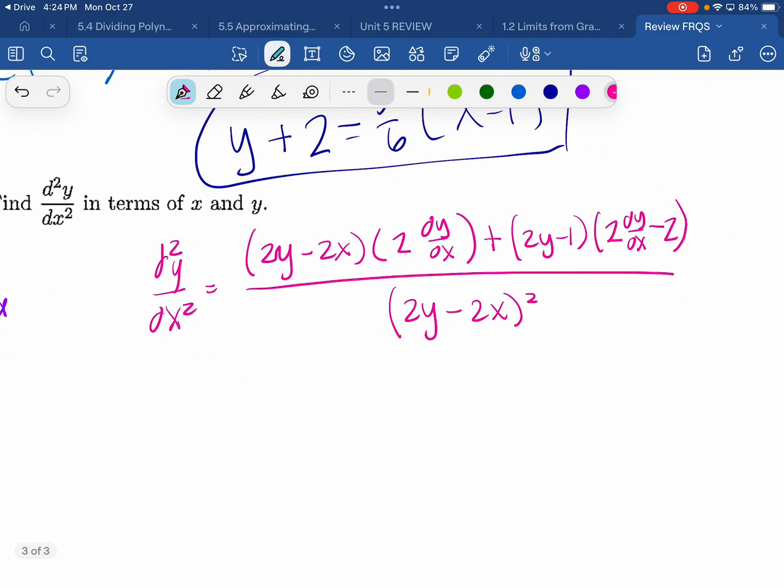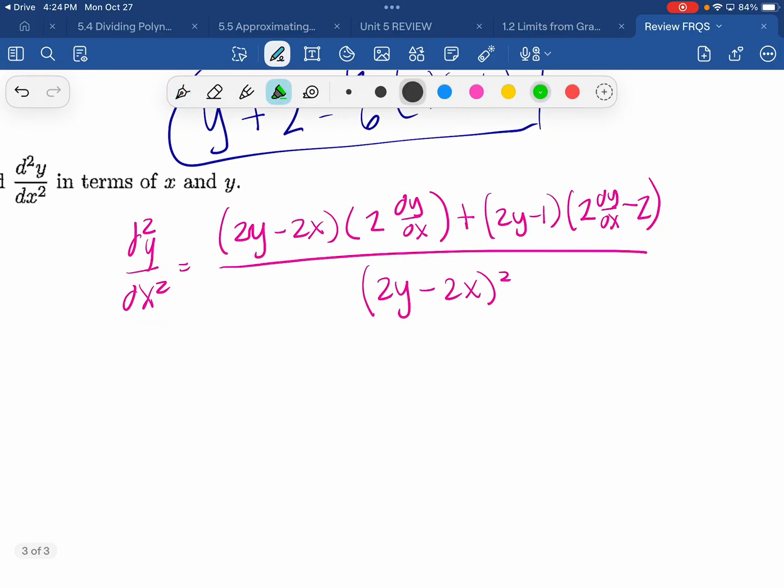You do not have to simplify, but you do need to substitute in your dy/dx's. So you could write this as a very long final answer, which is what I would suggest.